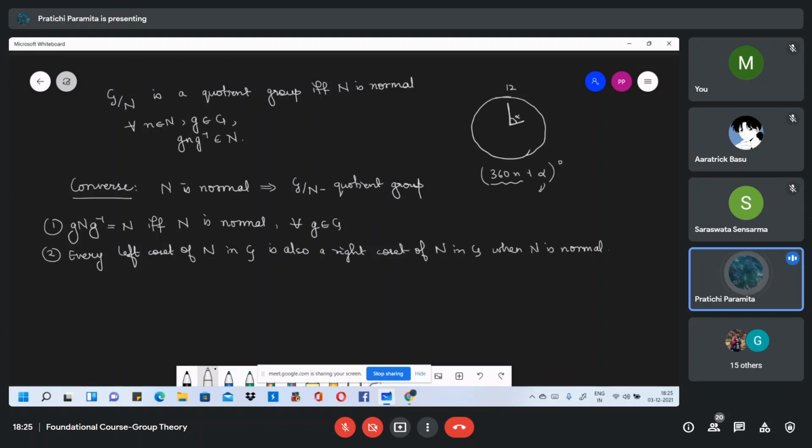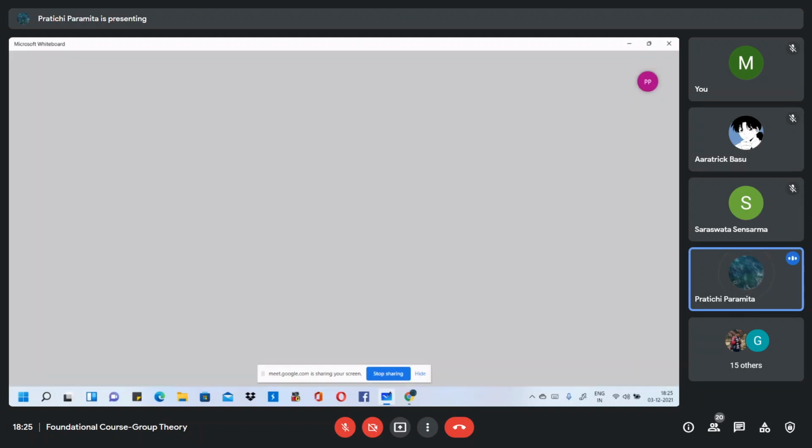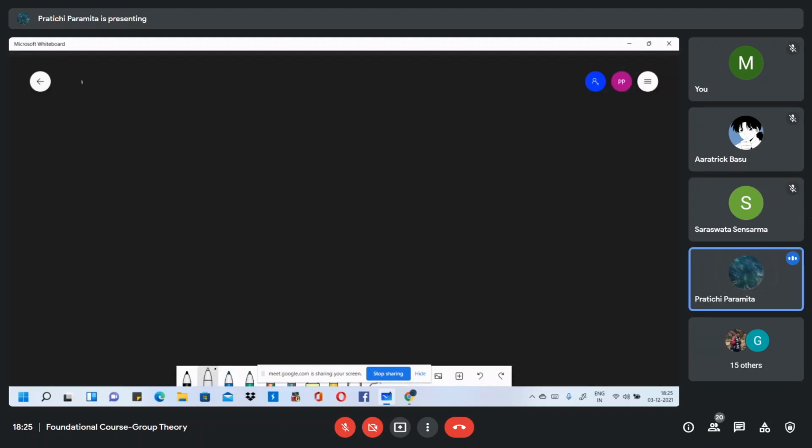So we prove one, that gNg inverse is N if and only if N is normal.